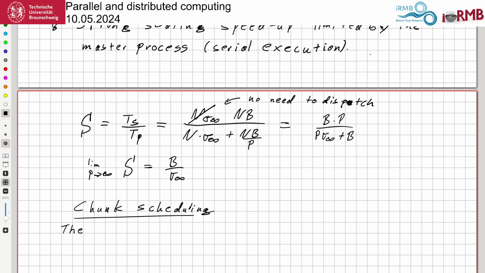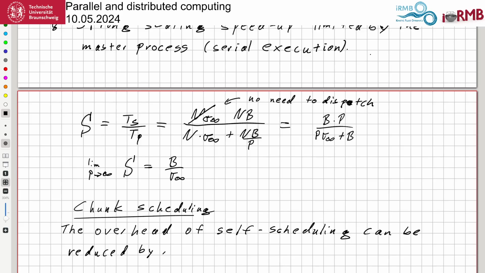If the worker comes to the office of the boss, the boss thinks, how can we reduce this overhead, the overhead of the self-scheduling? This can be reduced by assigning chunks of work.